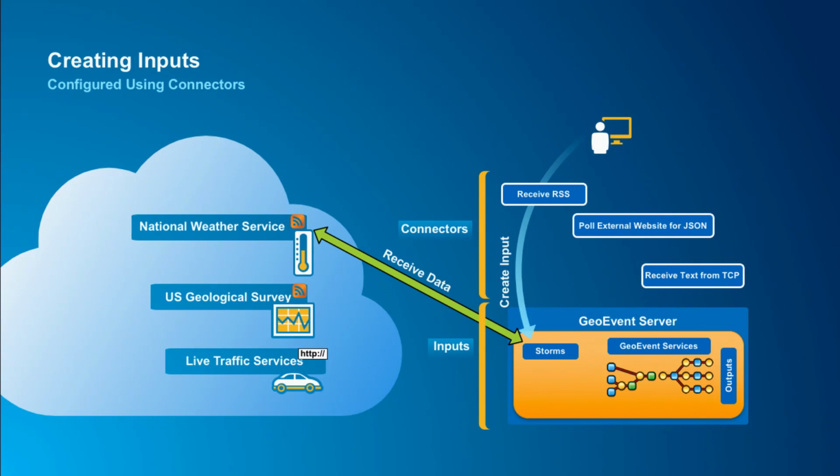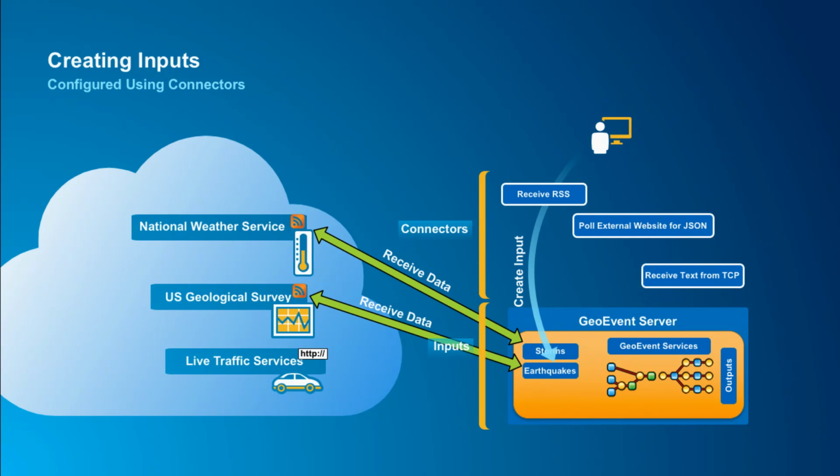And then he looks at the USGS site and sees that they have an RSS feed as well. So he is going to use the same connector to create a second input called earthquakes, which consumes data from the USGS RSS feed. So there are two separate inputs using the same underlying logic to consume different data.